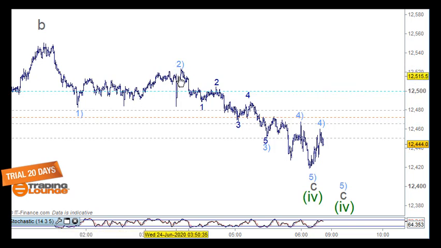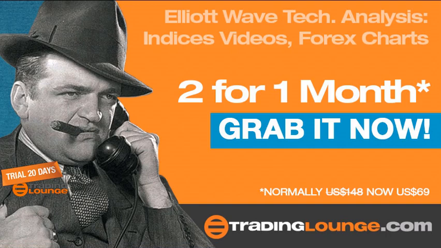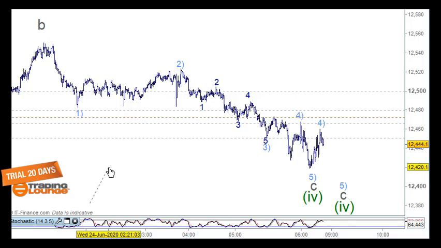Now, the situation here is that this wave 2 is really quite big compared to wave 1 here. So normally in a correction, we would see wave 1 and 2, 2 would be just very simple and sharp.